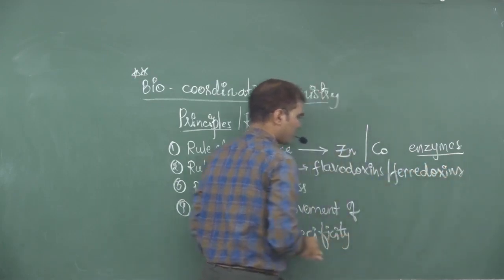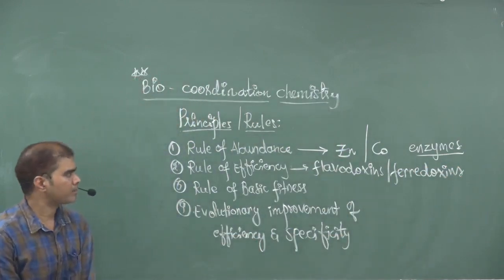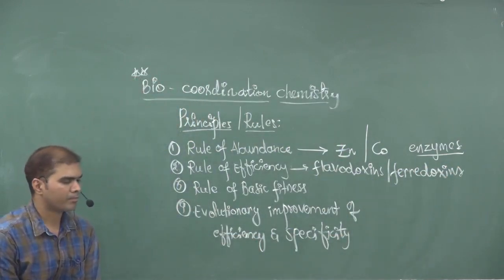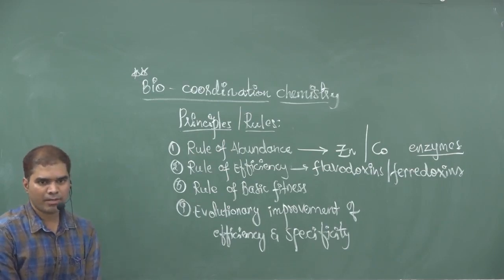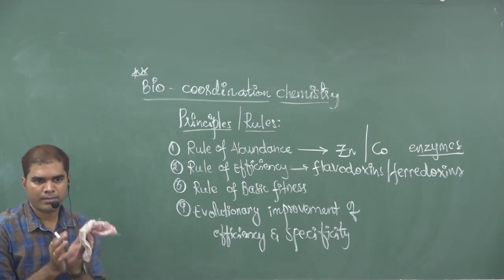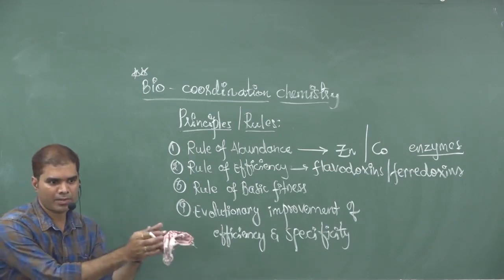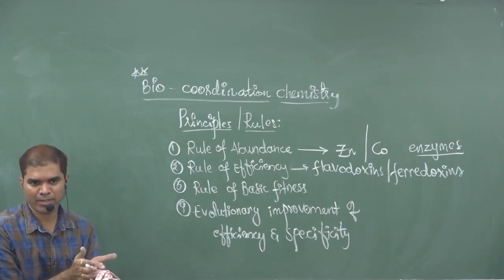Next, rule of efficiency. Can you name any electron carrier? Some proteins which can carry electrons. Proteins that carry oxygen, hemoglobin, is the best example.